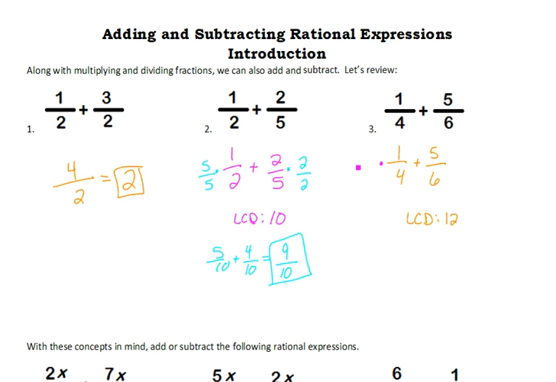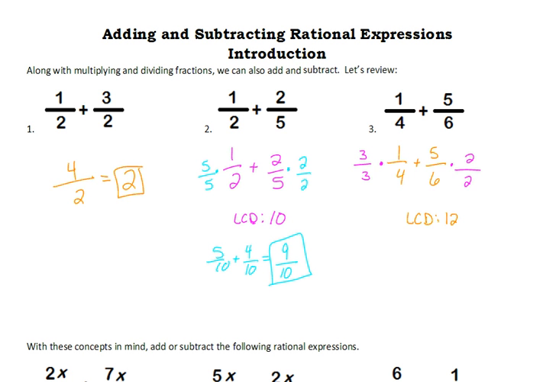So again, my goal is to get that denominator of 4 to be 12. How do I do that? I multiply by a 3, which means that I have to multiply the numerator by a 3 in order for that really just to be 1. How am I going to get 6 to be 12? I multiply it by 2. So I multiply by a 2 over a 2.